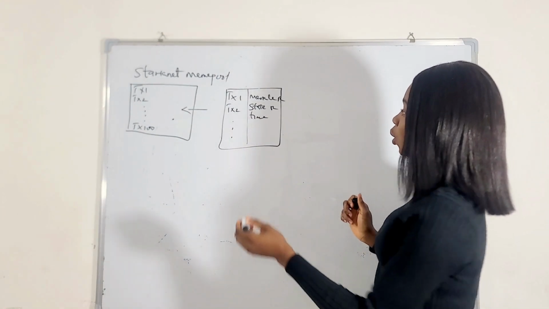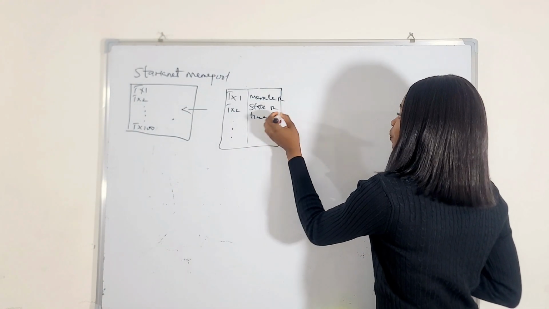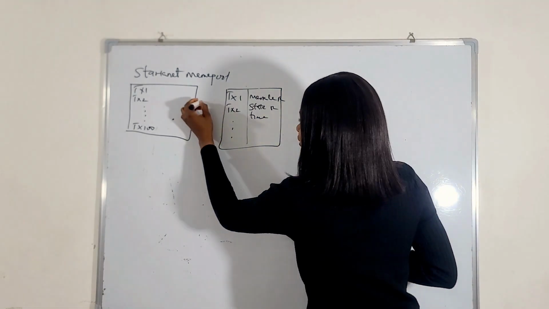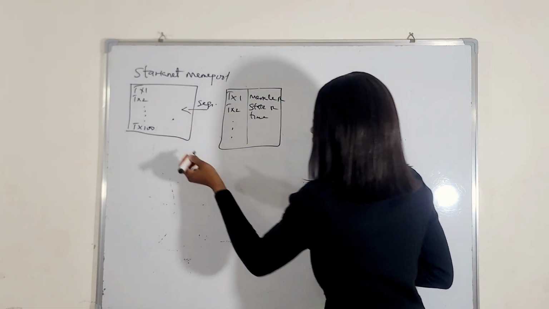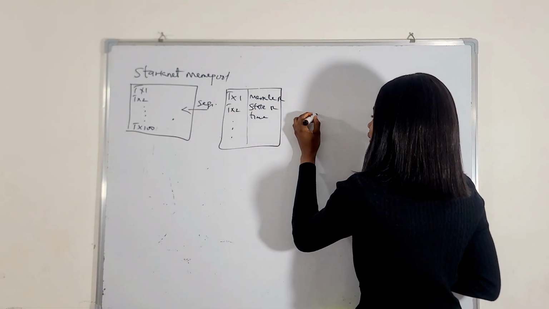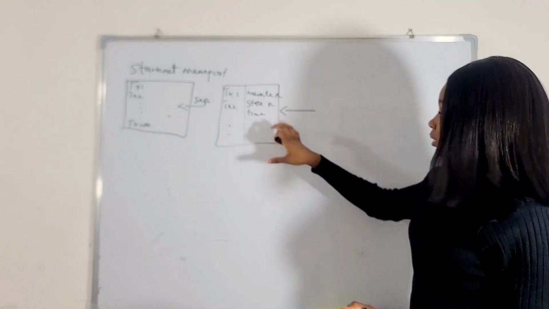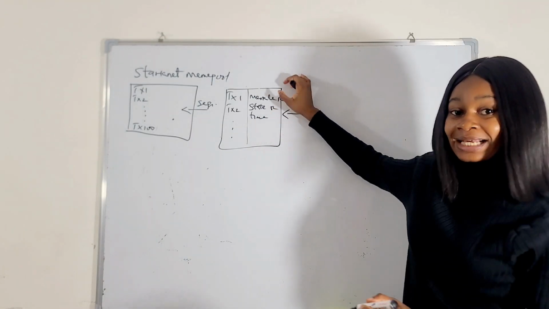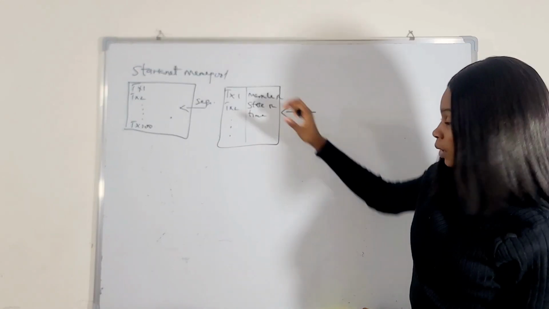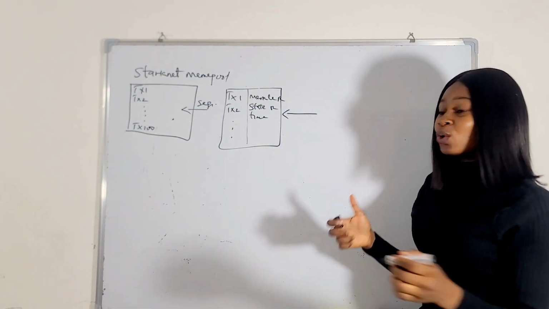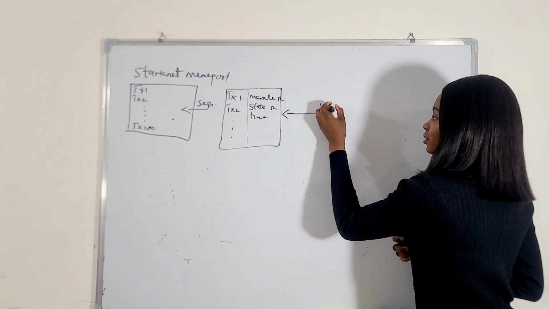There's something we call a prover, right? Let's say this is the sequencer. Now we have a prover. A prover takes this data that's been generated for this block, and then it generates something called a validity proof for it.